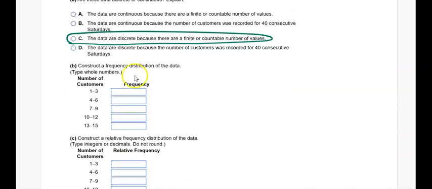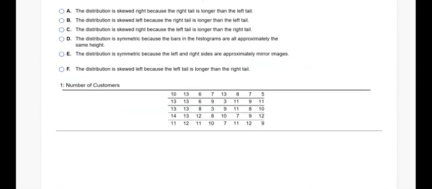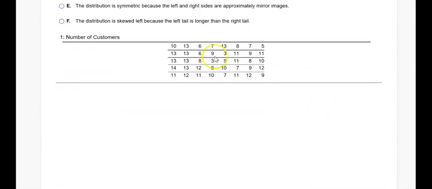Part B is construct the frequency distribution of the data. So you have to find how many customers are between 1 and 3, everything between 1 and 3. That's discrete, so let's see how many here. 3 here, 3 here, 3 here.